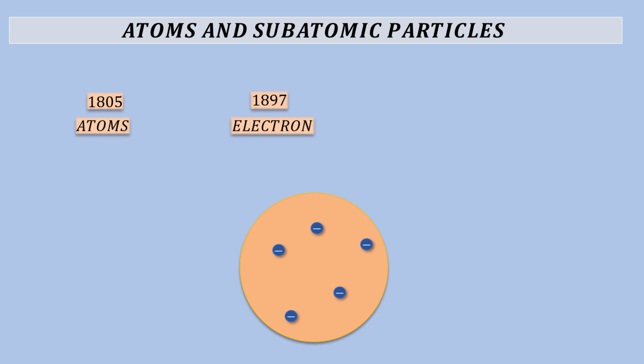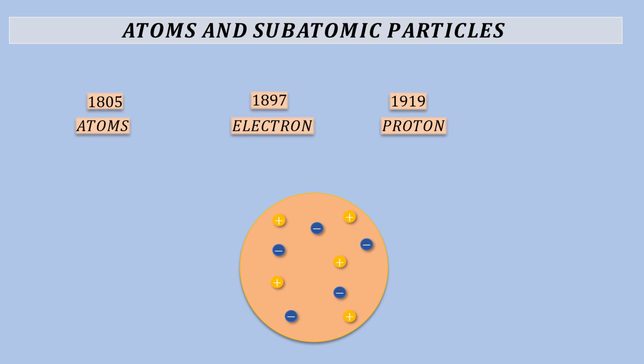Okay, however, the picture of the atom changed a little bit again, and later on in the year 1919, another subatomic particle, the counterpart of electrons, namely protons, was discovered.